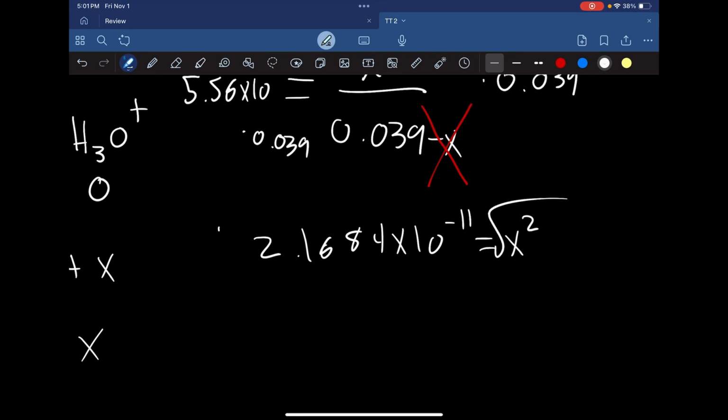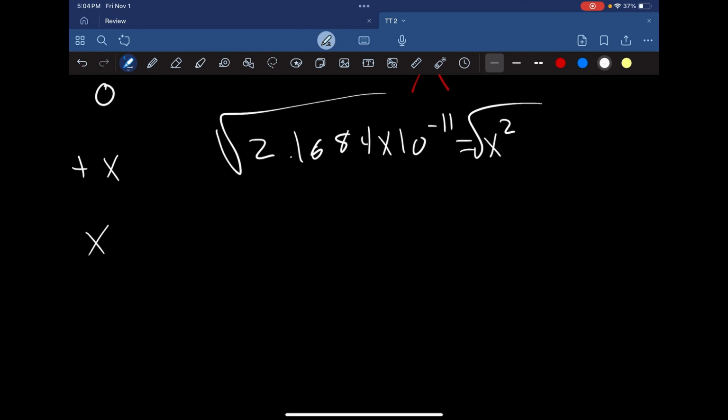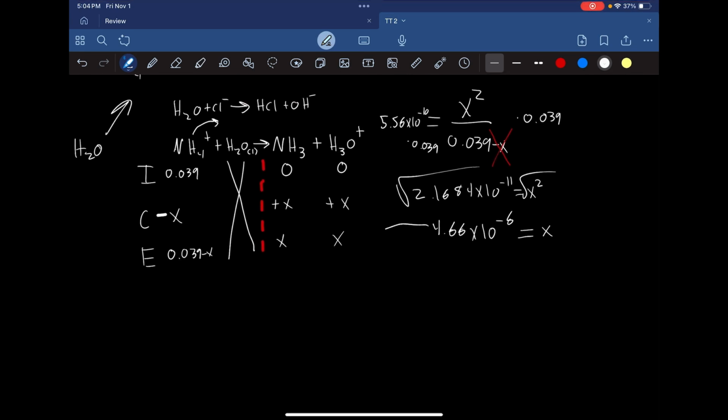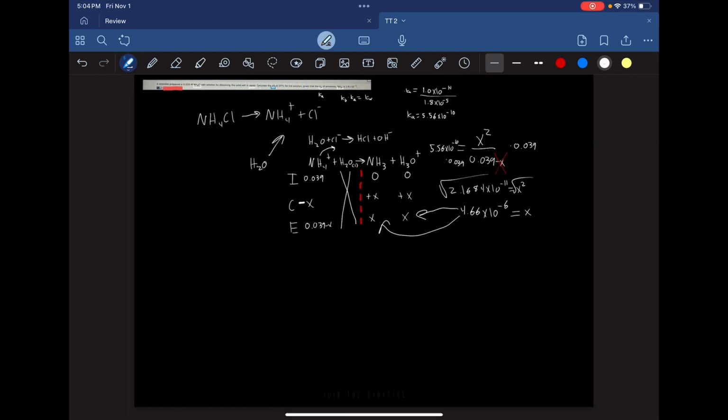We take the square root of both sides, so we will get 4.66 times 10 to the negative 6 equals x. And we know that therefore this equals that, and that equals that.